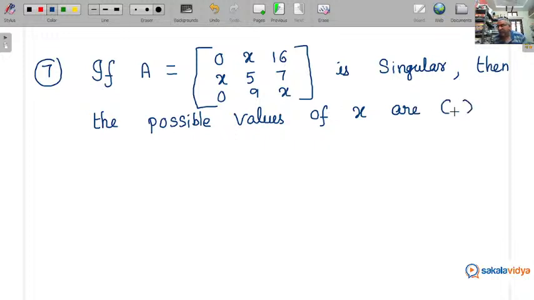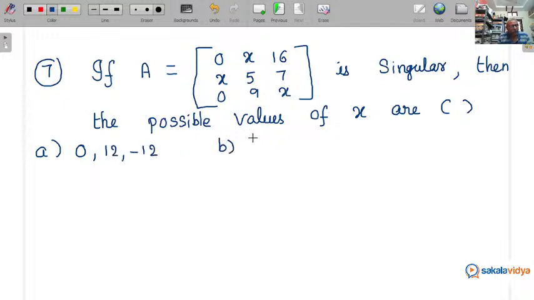The same problem can be given in different ways. If A is not invertible, or if A inverse does not exist, then find the possible values of x. Option A: 0, 12, minus 12.